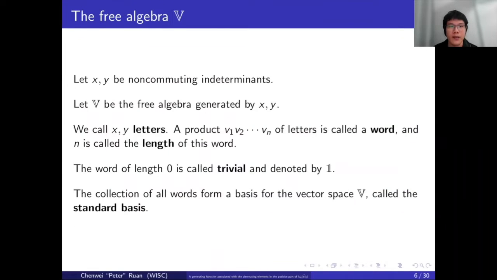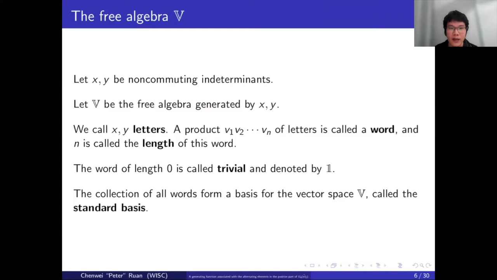So we let x and y be non-commuting indeterminates, and V is the free algebra generated by x and y. So x and y are called vectors. The product of vectors is called a word, and the number of vectors in the word is called the length of the word.